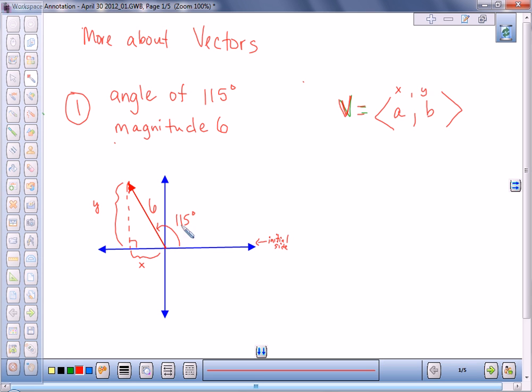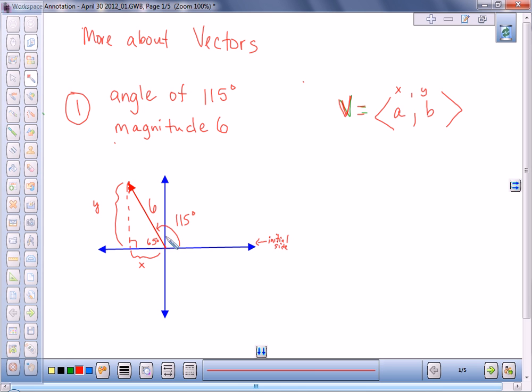So if we're trying to find the x, if this is 115 degrees and we're working with this triangle here, we need to determine the angle measure here. So it's the 180 minus the 115. So this would give us an angle measure of 65 degrees. So there's our angle.